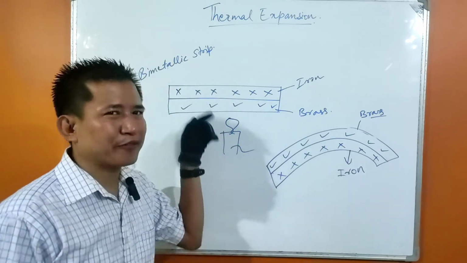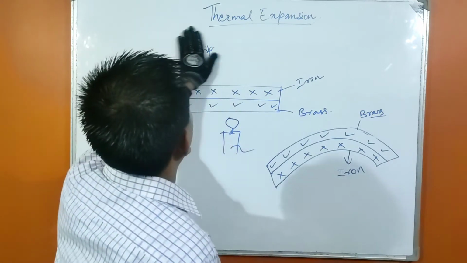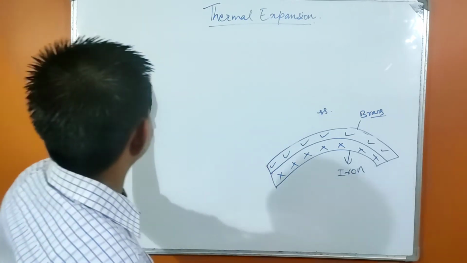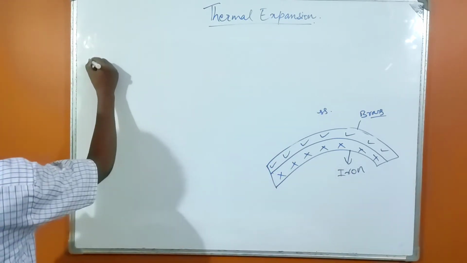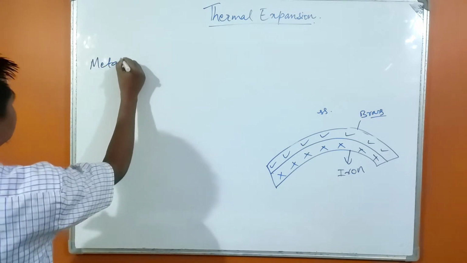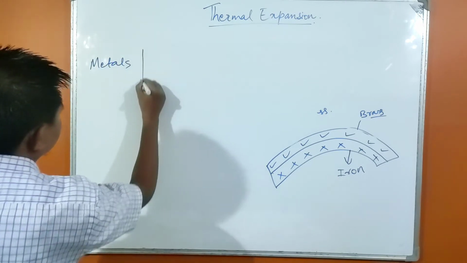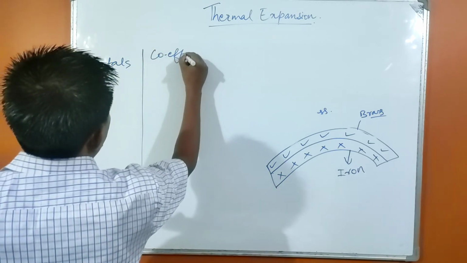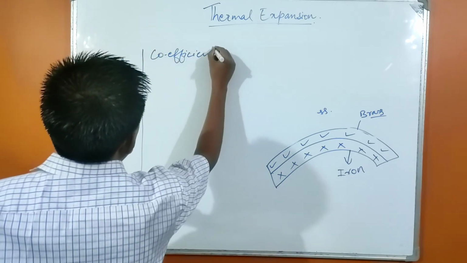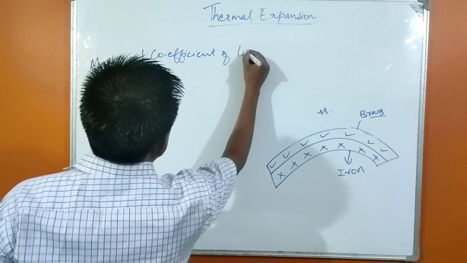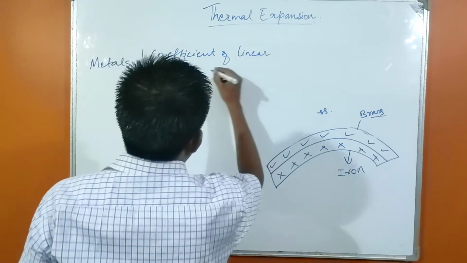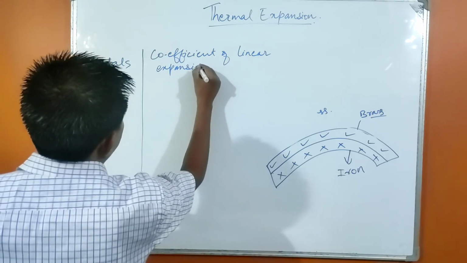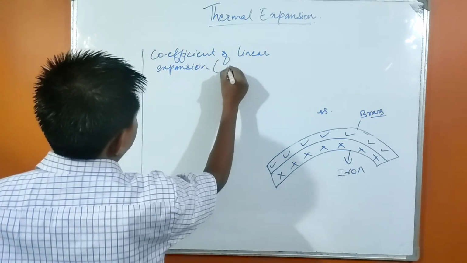Okay, now let me give you a table to make you understand more. Let me erase this. Suppose we write metals here, and we write coefficient of linear expansion in CGS unit, okay?